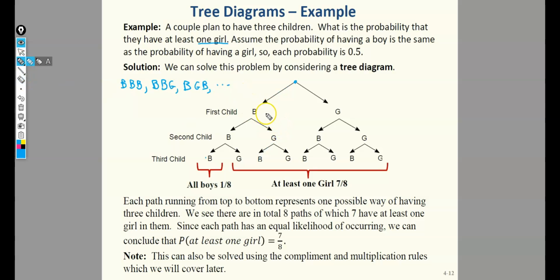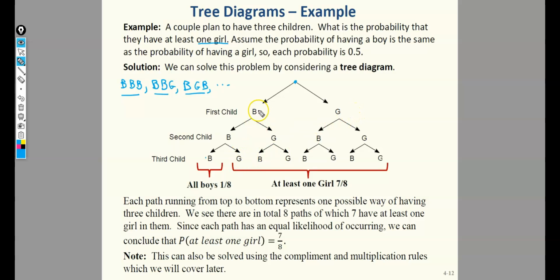Now you'll notice that there are 8 possible paths going from top to bottom. If you look at the bottom row here, you see that there are 8 labels down here: 1, 2, 3, 4, 5, 6, 7, 8. Now each path has the same likelihood of occurrence, so each of these outcomes up here have the same likelihood of occurrence, and there are 8 possible paths.